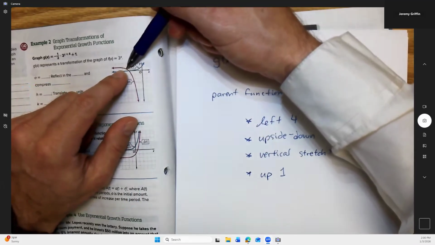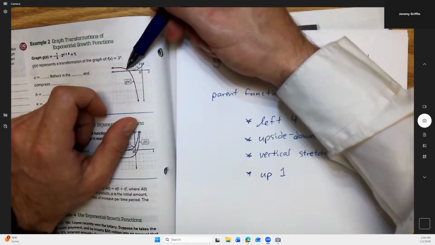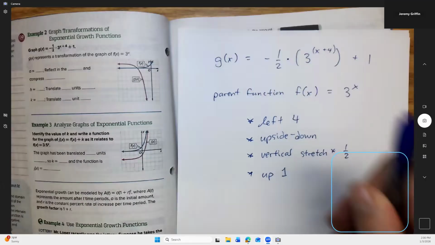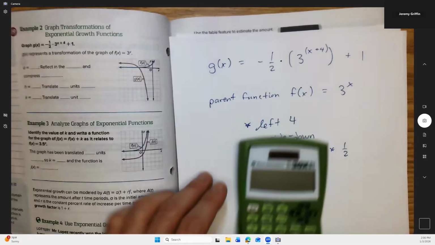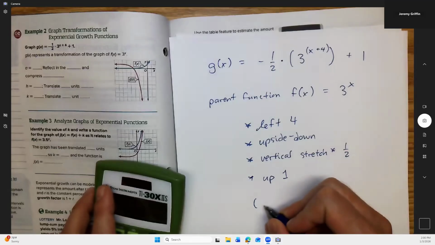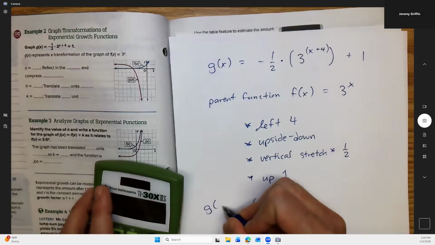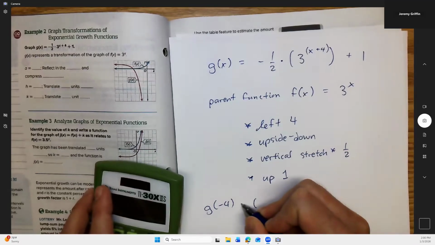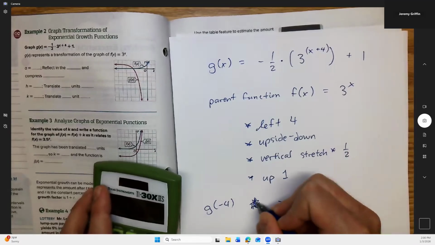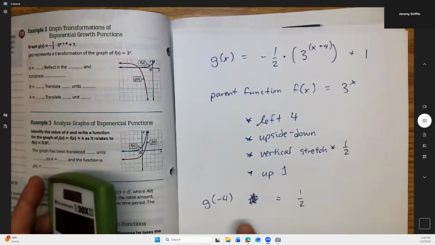I think what used to be the coordinate 0, 1 of the parent function ended up at negative 4 comma 1/2 exactly. I can throw that in the calculator and make sure. So I think one of the coordinates is on this g of x. So g of negative 4 should be equal to 1/2. Let's see if that's true.